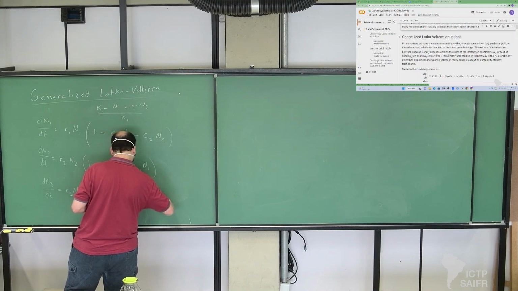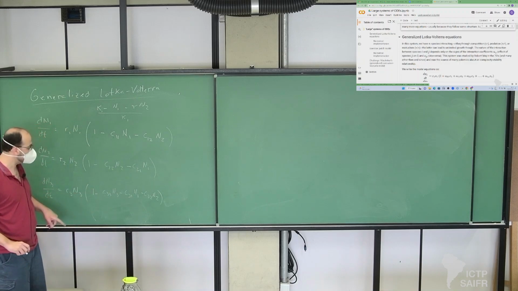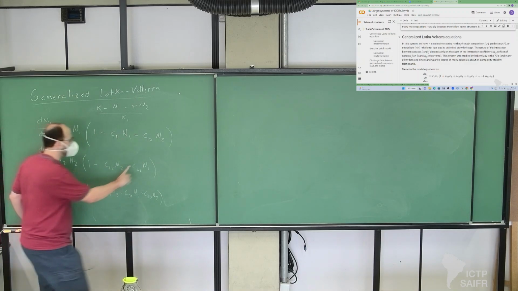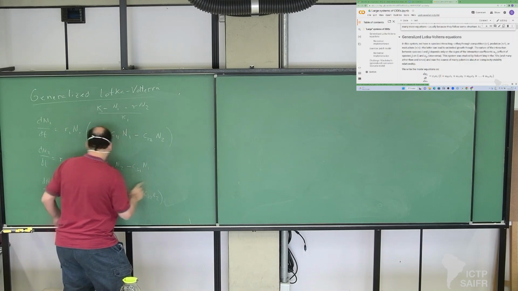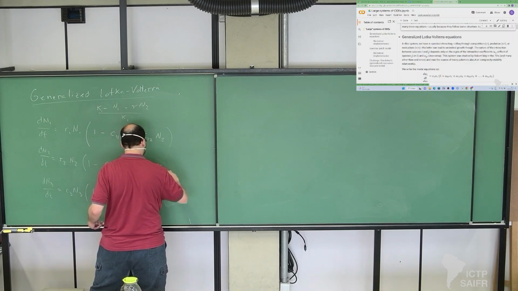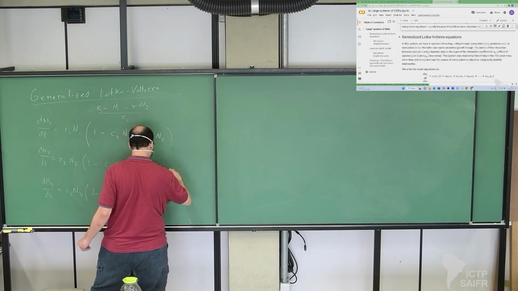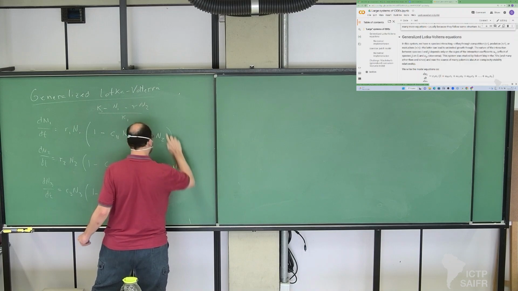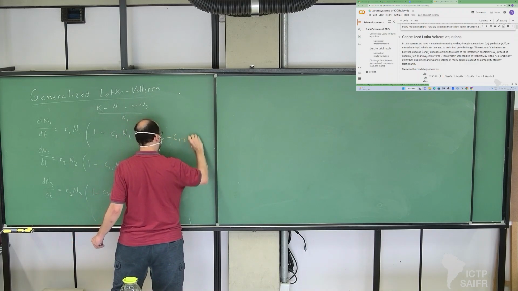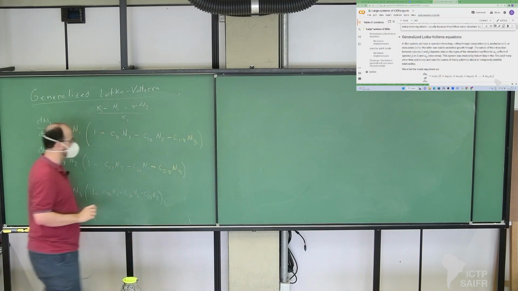And then I have to add the effect of species 3 on the other two. So I have new terms here that are going to be minus C23 N3 and minus C13 N3. Yeah?